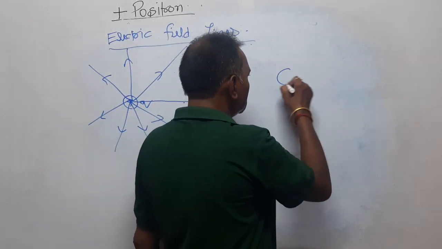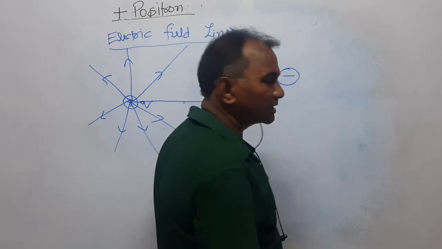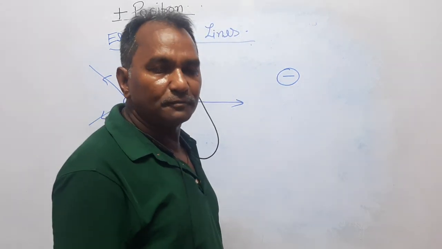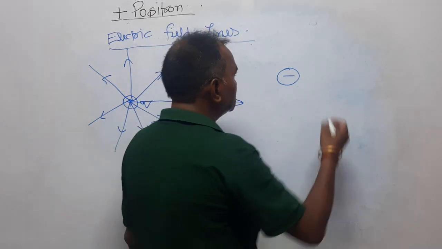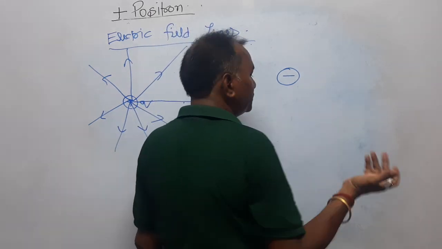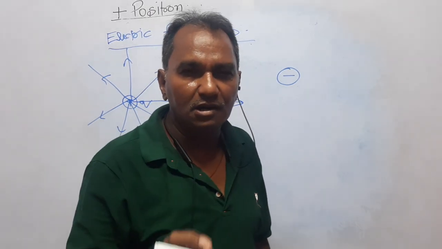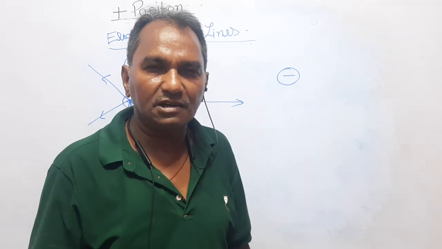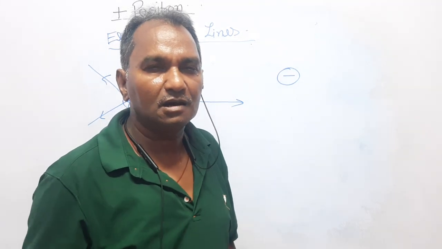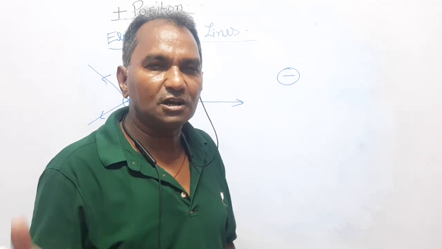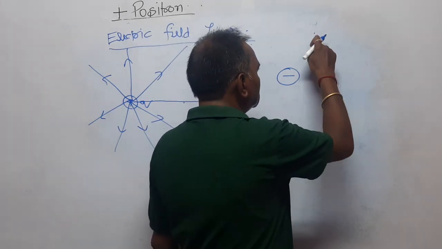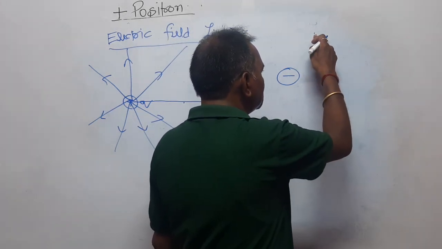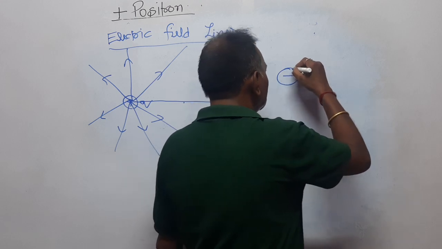Let's consider here a negative charge. You have to find out the electric field lines. Wherever you want to find out the field due to either positive or negative charge, just keep a positive test charge at that point. If you want to find out the field here, put here the positive test charge, and that test charge will be attracted in this way.